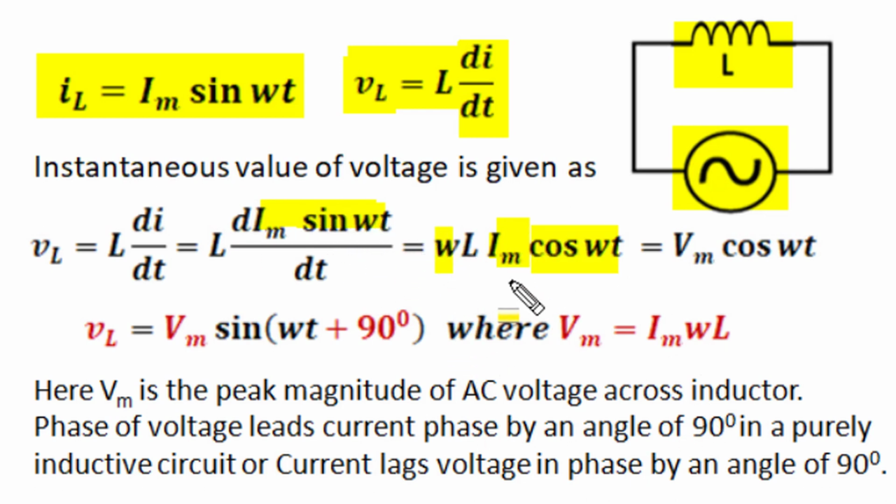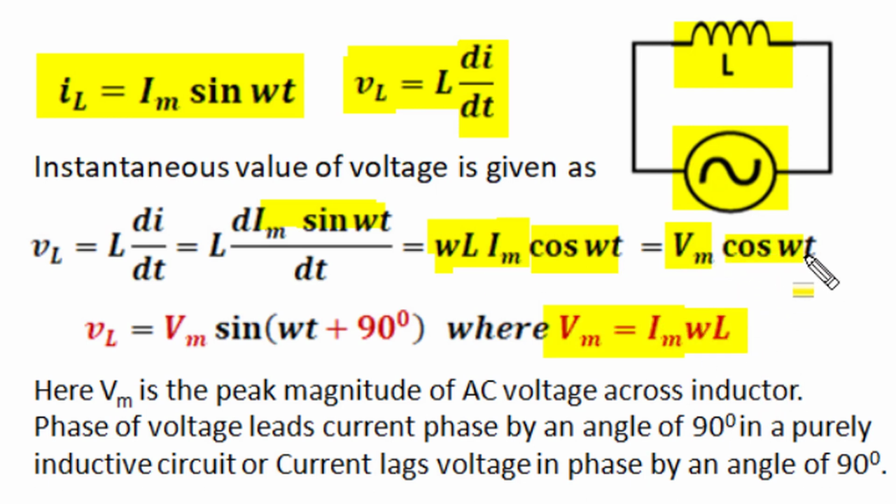Now this product of Im and omega L in front of this cosine function becomes the amplitude of voltage that is required to produce time variation of current, and this amplitude is Vm equal to Im omega L.